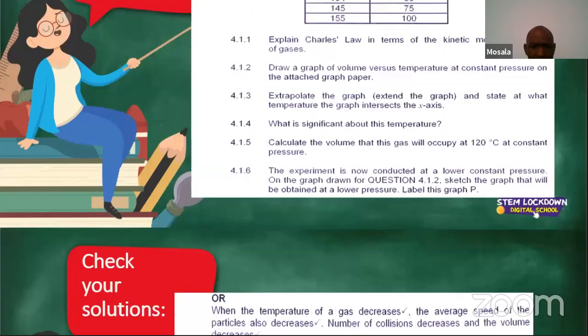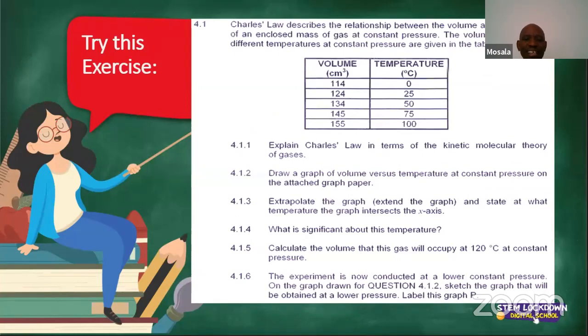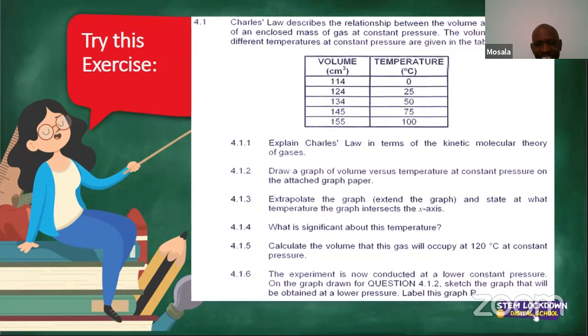The next question was to extrapolate the graph, that is, extend the graph, and state at what temperature the graph intersects with the x-axis. And then the other question is, what is significant about this temperature? So let's now look at the graph.